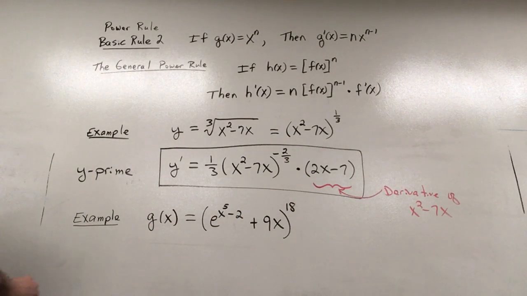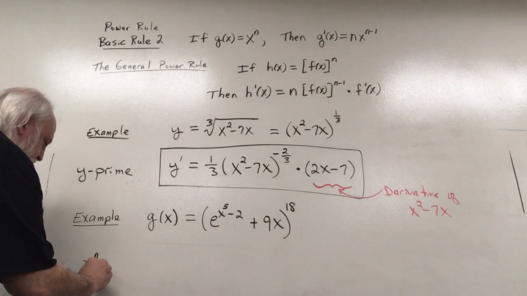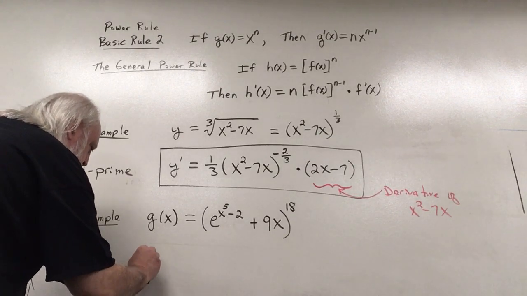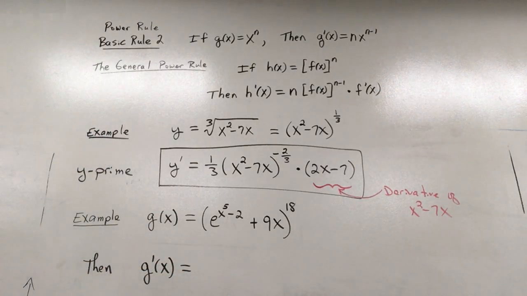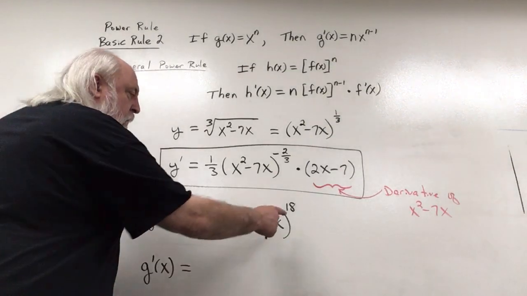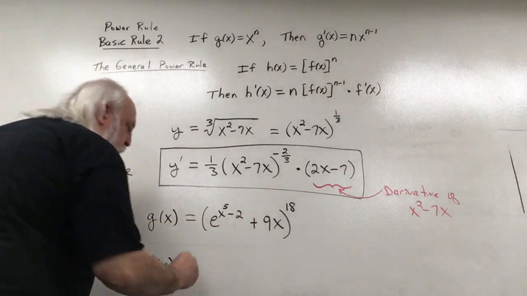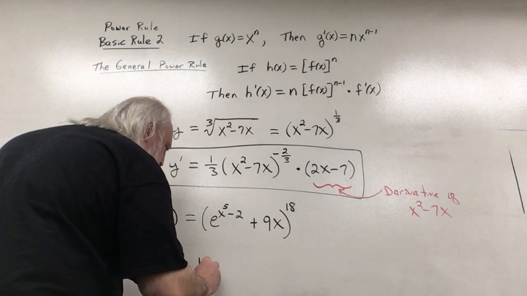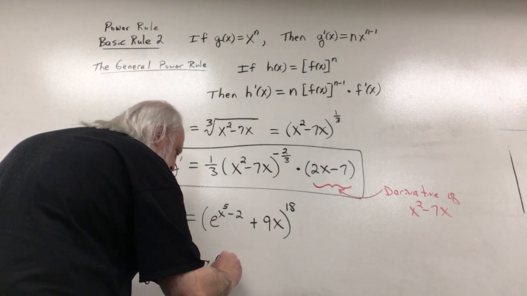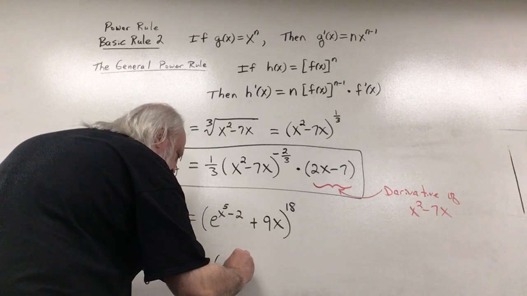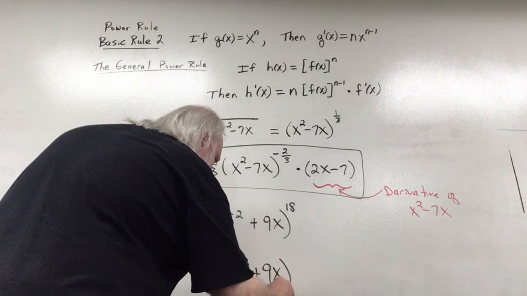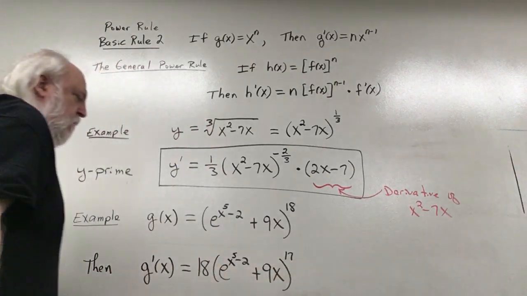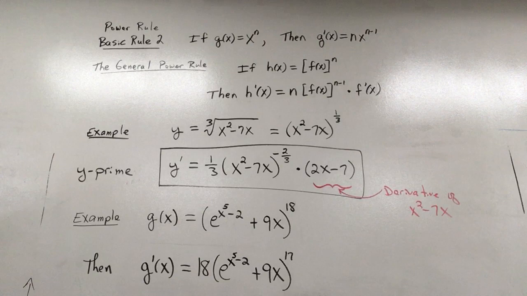So what's the derivative of g of x? Well, the derivative of g of x, denoted g prime of x. Using the general power rule, we got to bring the 18 down in front of the left parentheses, and then subtract 1 from the exponent, just like we did with the power rule.